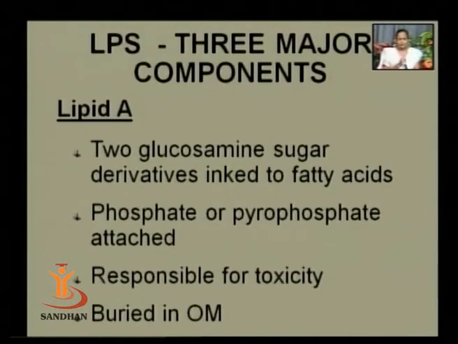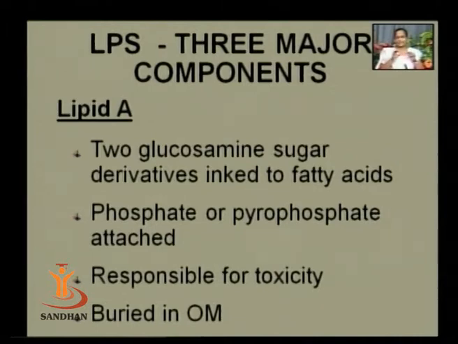Now just we'll go into slide details of LPS, because it is one of the components which is responsible for the pathogenicity of many pathogenic organisms. LPS is made up of 3 parts: lipid A, core polysaccharide, and repeat polysaccharide. Repeat polysaccharide can even be called O polysaccharide or O antigen.